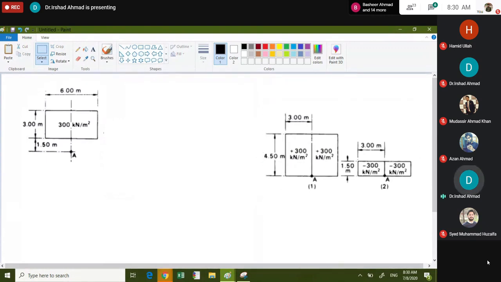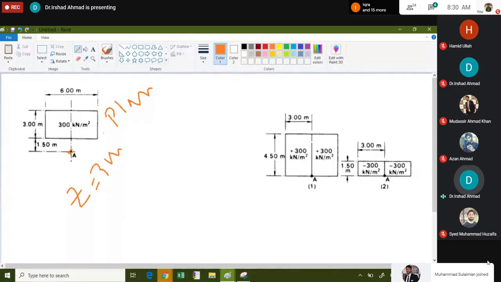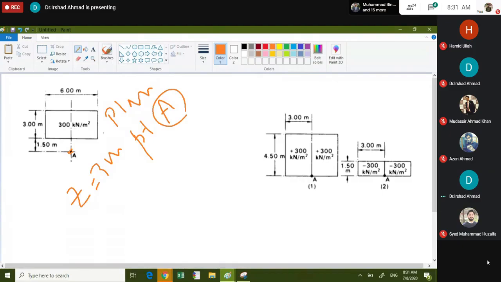The question is to find the stress under point A. This is a top view, a plan view, but at a depth of 3 meters below point A. What do you say? Point A is not at the corner. It is outside the corner, right?